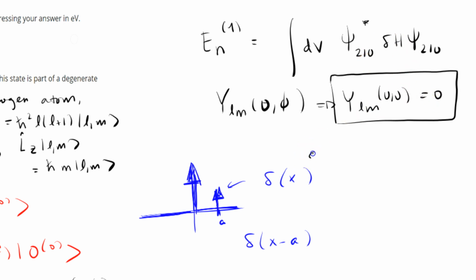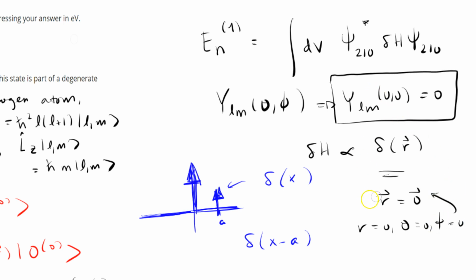And remember, delta H is proportional to the delta function, so this will always pick out the r equals 0 component, which means r equals 0, theta equals 0, and phi equals 0. So when we plug this in, it will always give you 0.